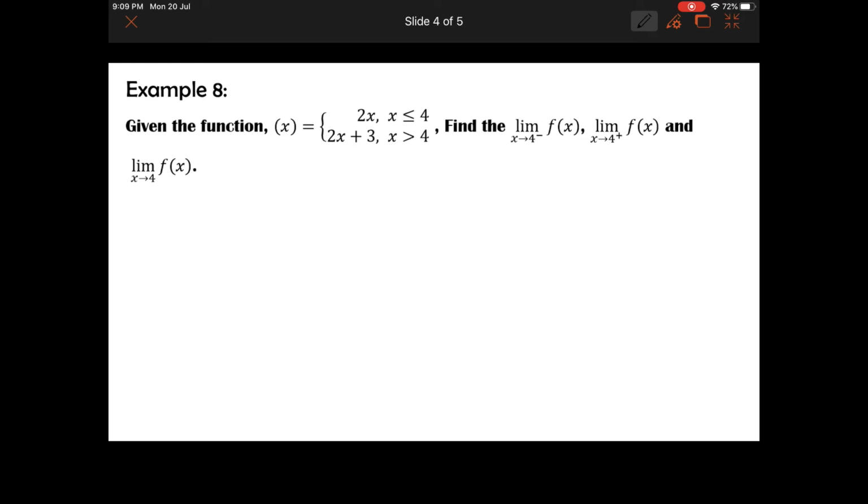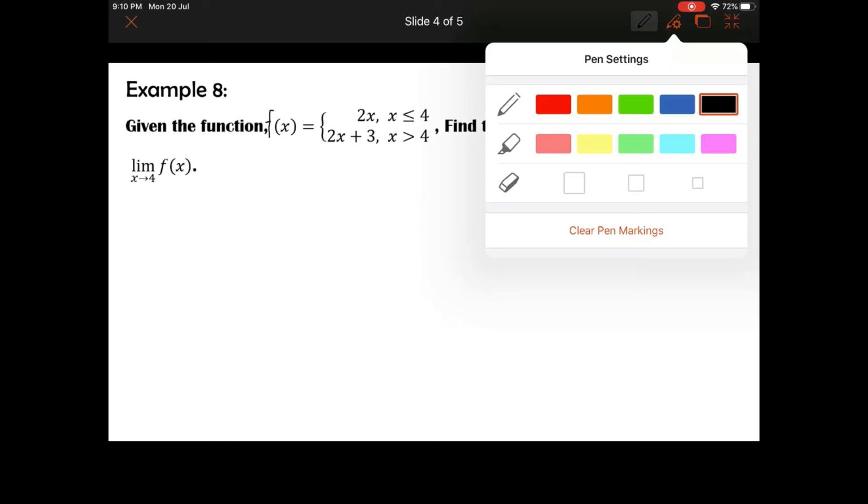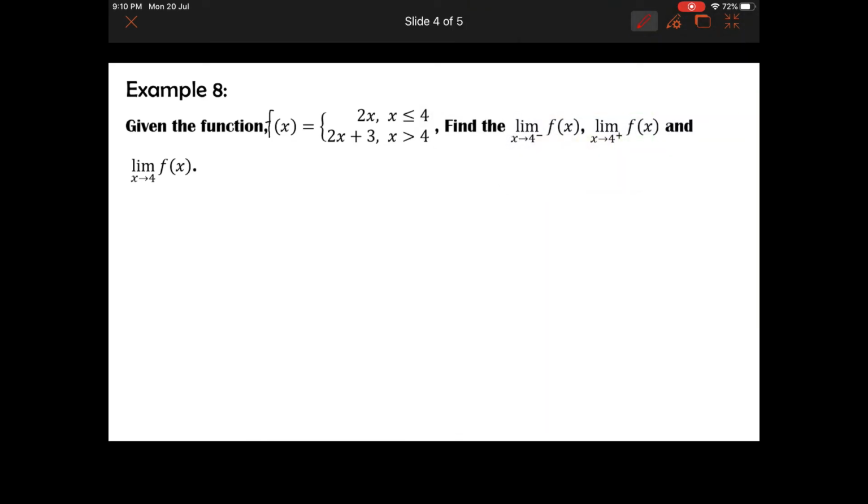We practice once again for example 8. Given the function f(x) is once again a piecewise function, so our function would be 2x when x is less than or equal to 4, and 2x plus 3 when x is greater than 4. Once again, at first, try to draw our number line, which in this case 4 would be the limit value.